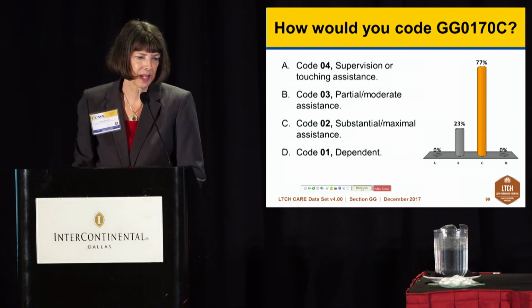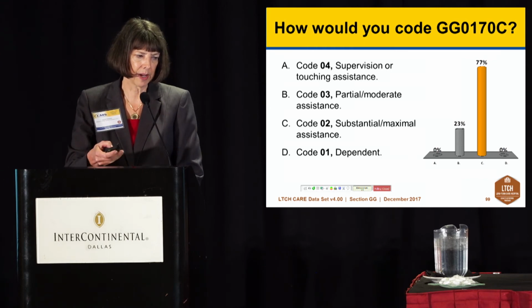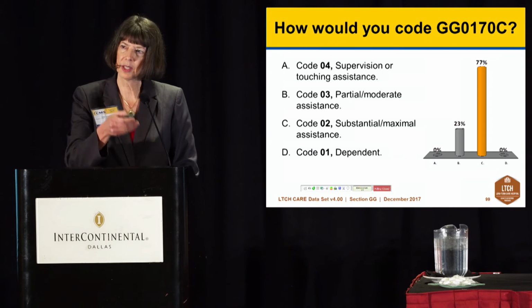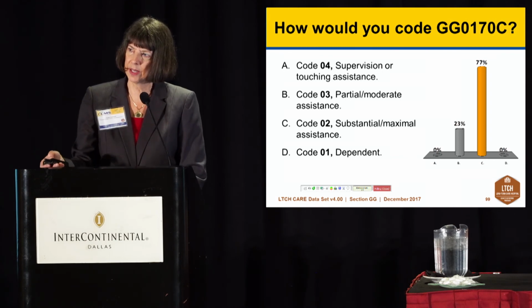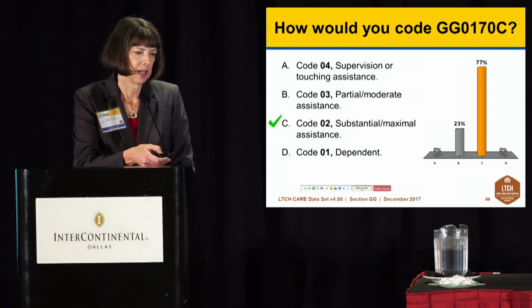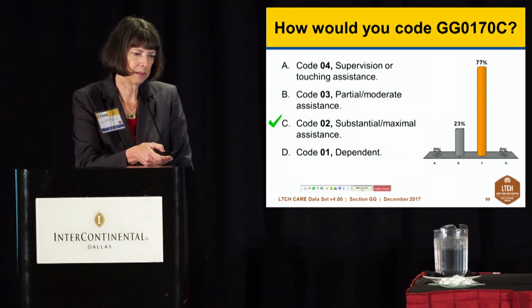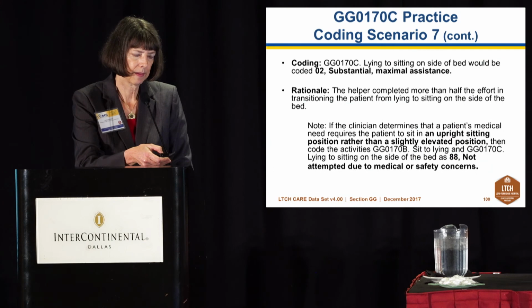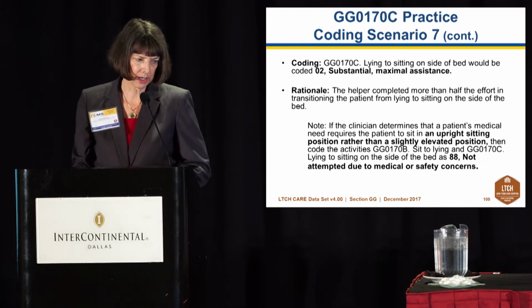So it looks like 77% of you said C, code 02, substantial maximal assist, and 23% of you said code 03, partial moderate assist. So it's taking all the tasks that are part of this activity and determining how much assistance. And 77% were correct. Let's take a look at the rationale.